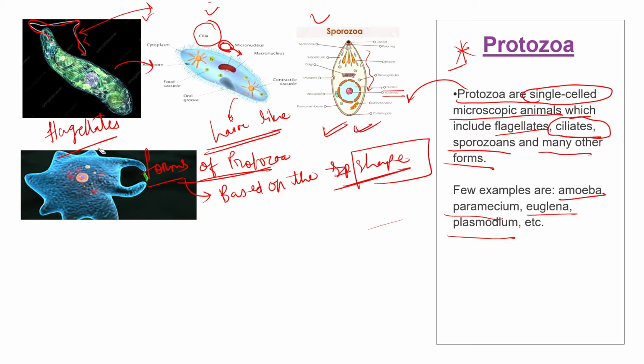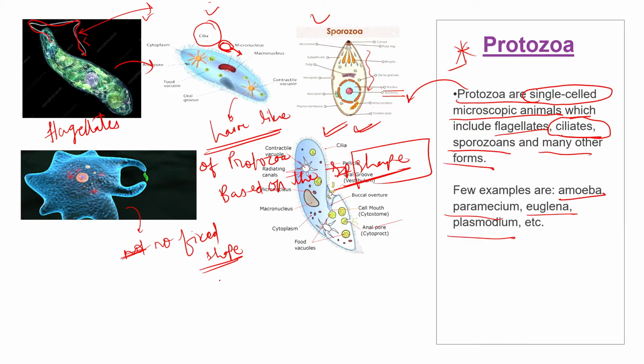This is the diagram. This is how the amoeba looks. Basically, amoeba does not have any particular fixed shape. We can write it in this way: amoeba doesn't have any fixed shape.